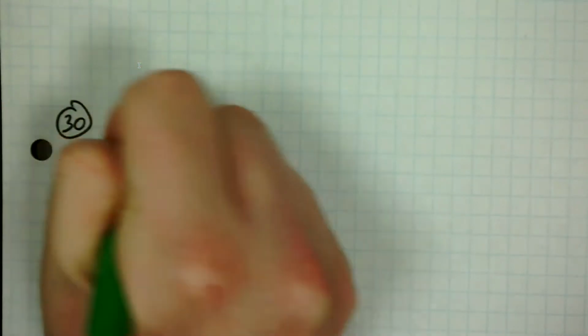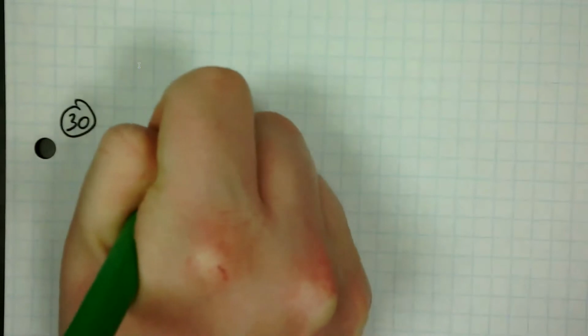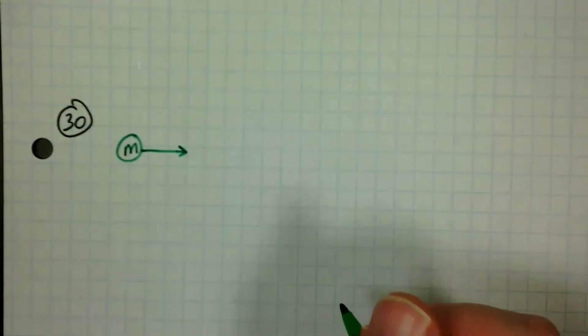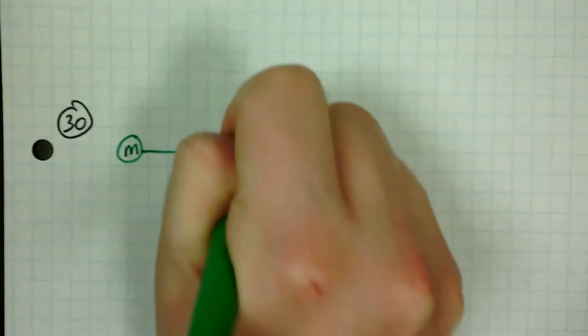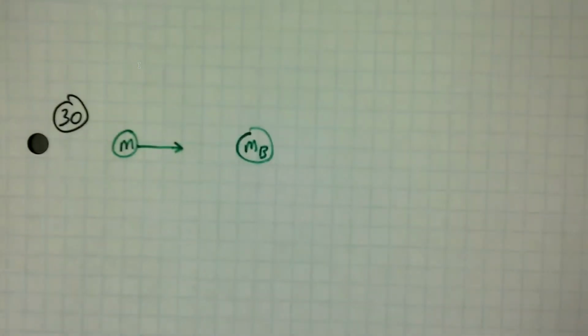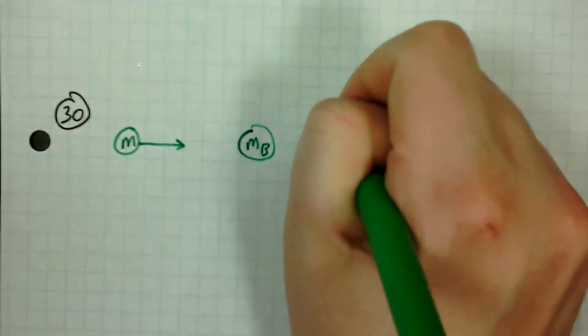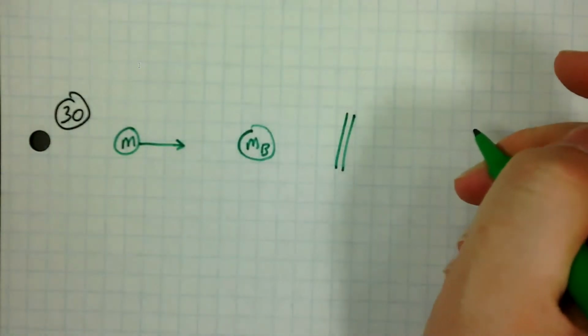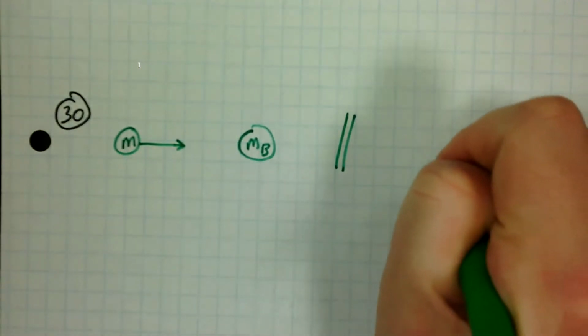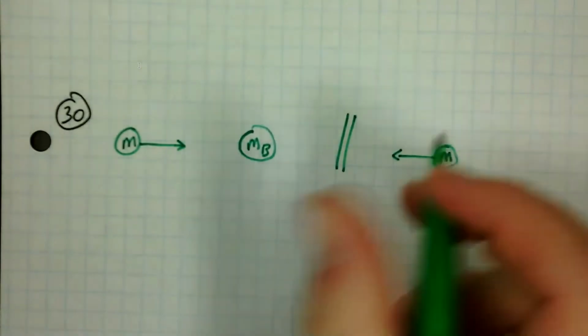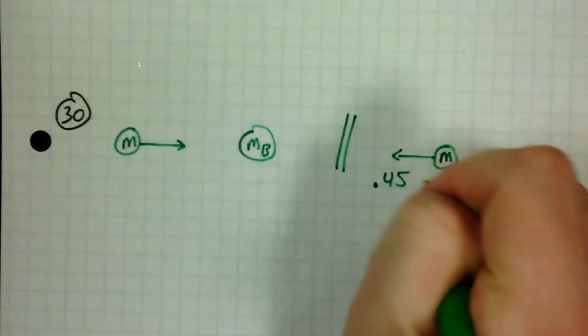So the idea on 30 is we've got one ball that has a mass m, and it's making a head-on collision with a second ball, and we'll call this ball mass B. And then they're going to collide elastically.